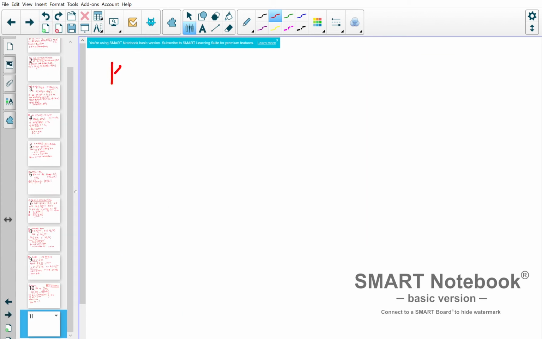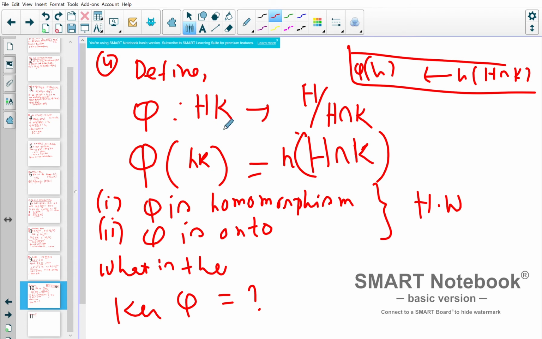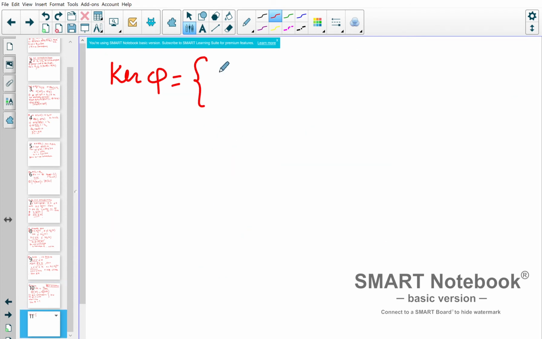So the kernel of phi is, by definition, all those elements hK of HK such that the image is the identity, right? So all those h and k belonging to HK such that phi of hK is the identity.